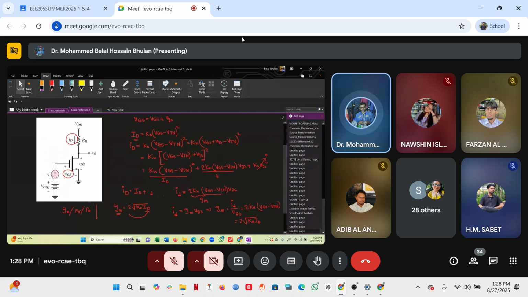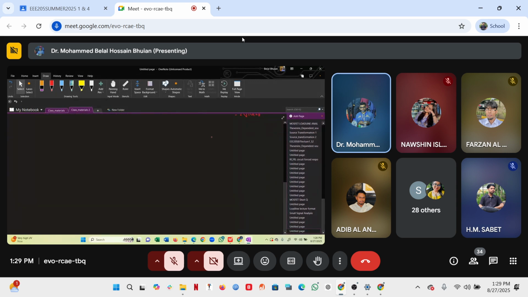Next, the model. If I want to draw the AC equivalent, the small signal equivalent circuit, I'm going to short the DC signal source. So let me draw it.